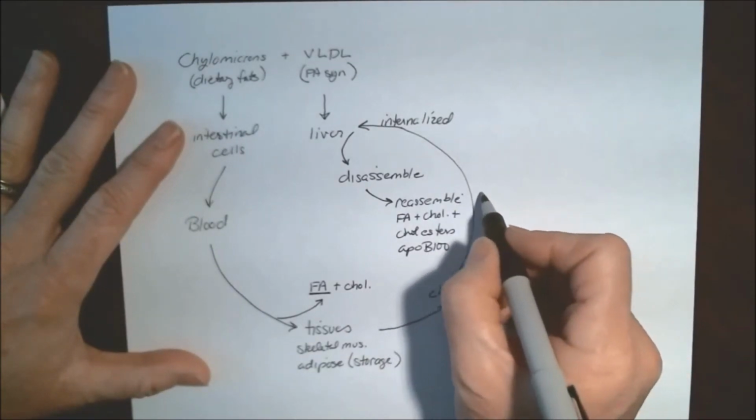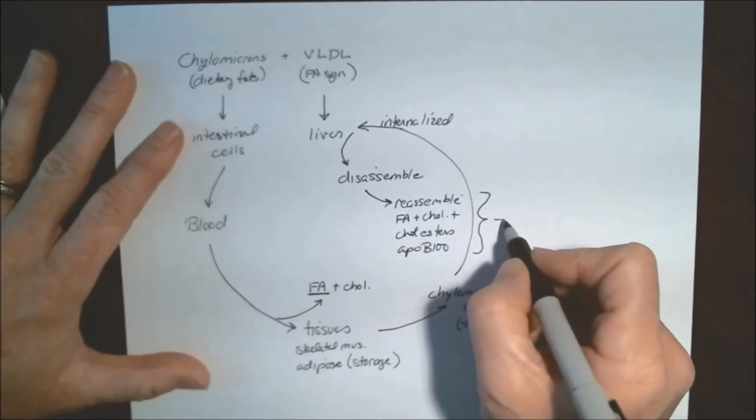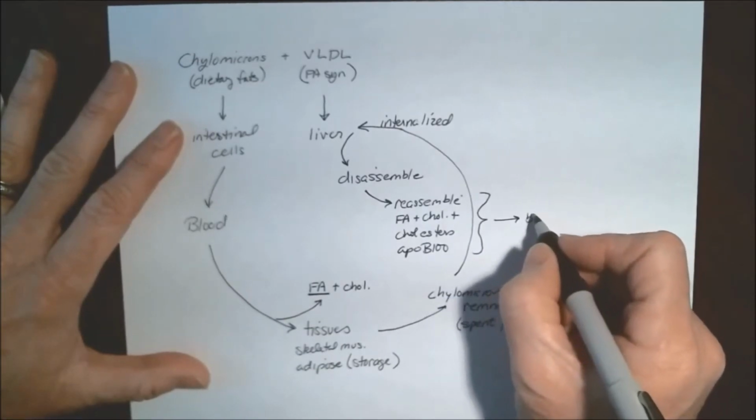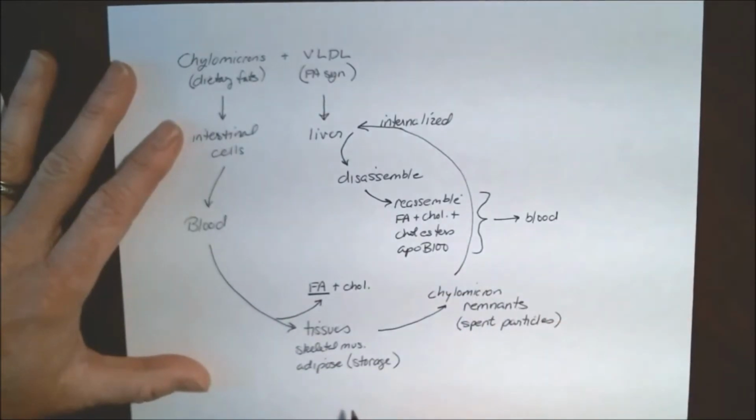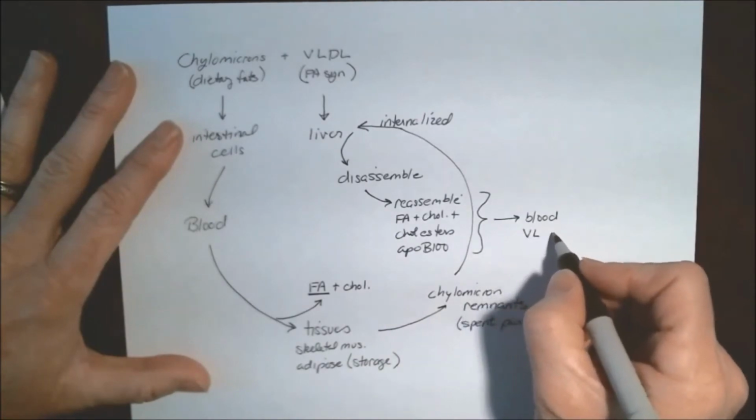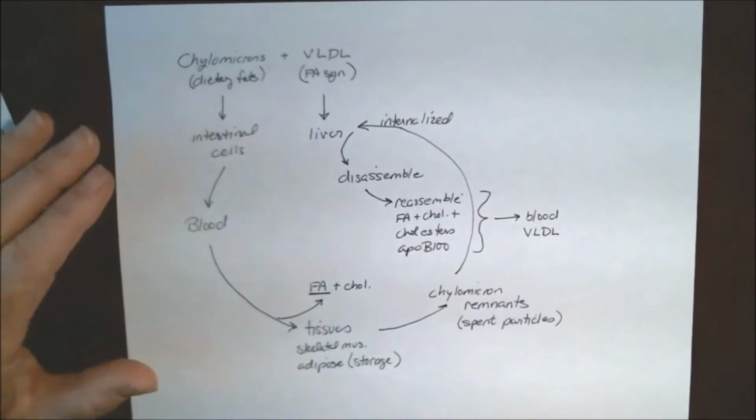Once this happens, these structures now are secreted into the blood by the liver in the form of VLDL.